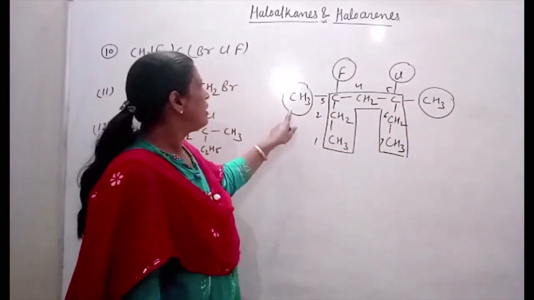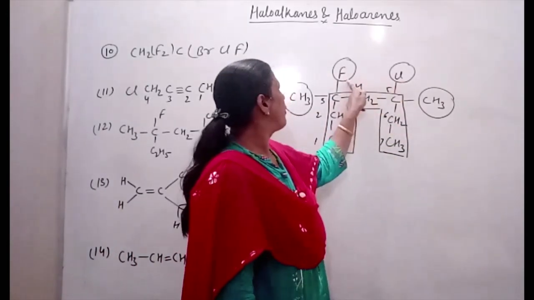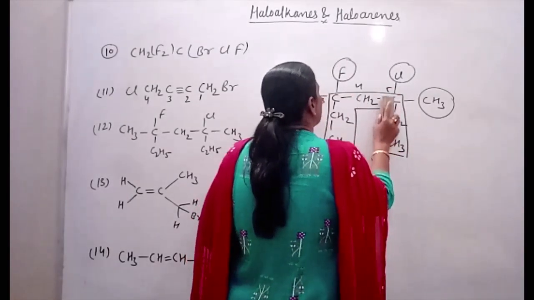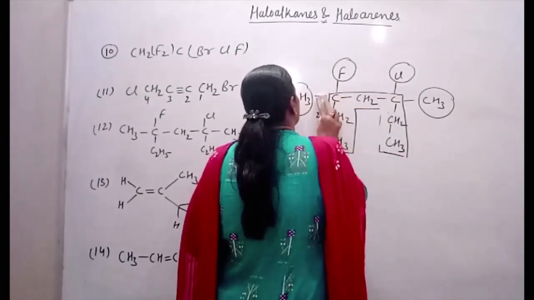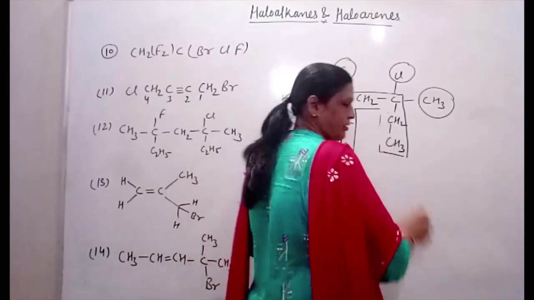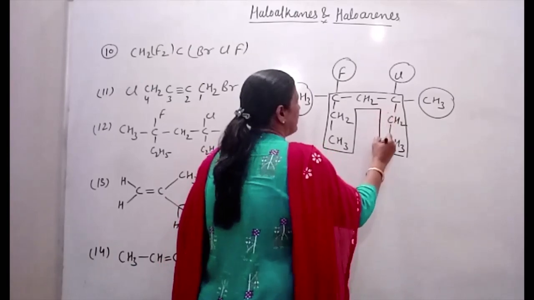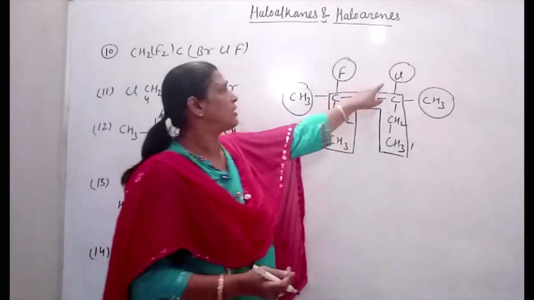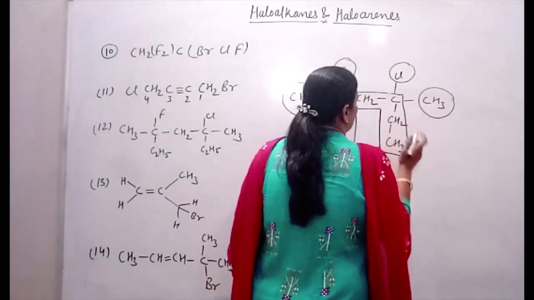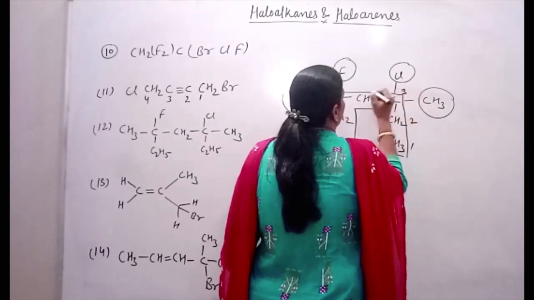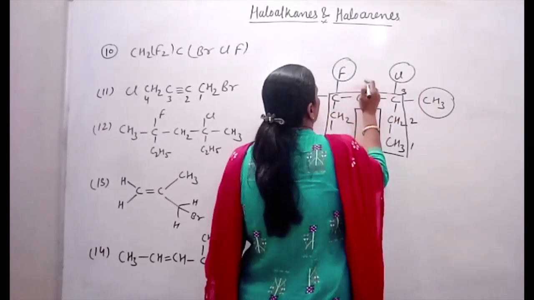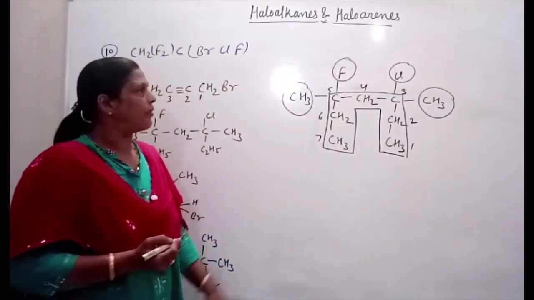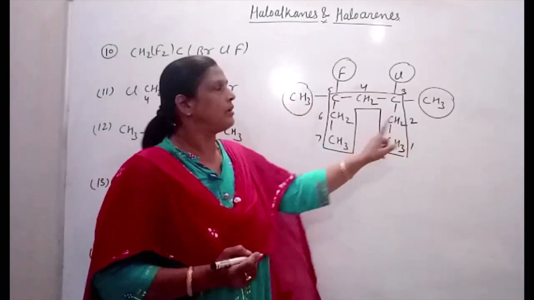Now name the compound. This is a methyl group, and these are fluoro and fluoro. The numbering is done from here because fluoro comes first in alphabetical order. Now name the compound: chloro, fluoro, methyl.